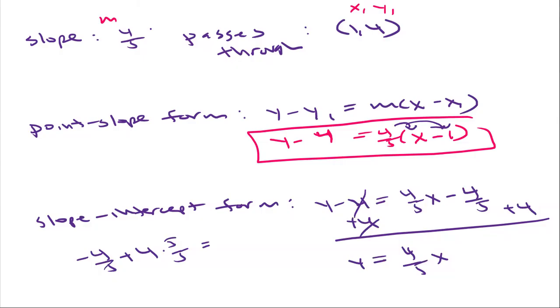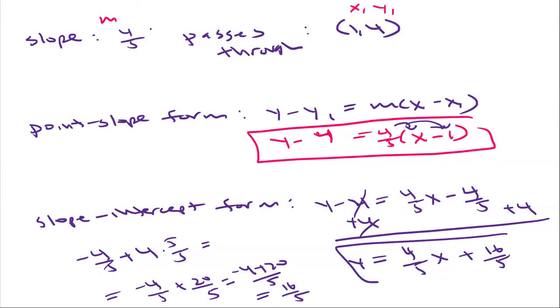Because in order for us to add or subtract fractions, we need the same common denominator. So this becomes negative 4/5 plus 20/5, which gives us 16/5. So this is going to be plus 16/5. And that will be our final answer there.